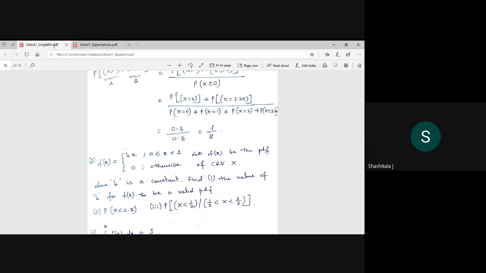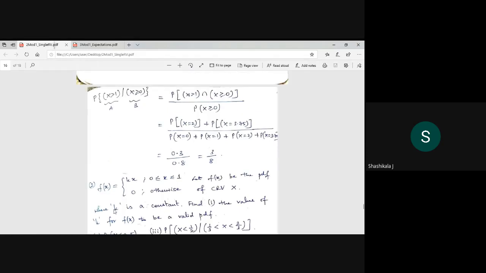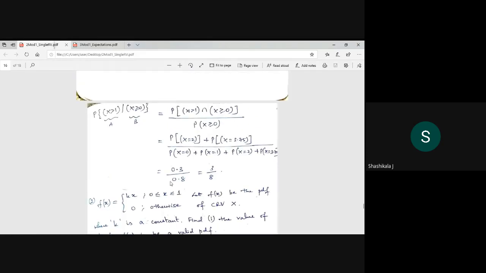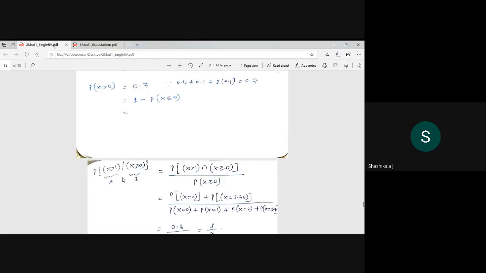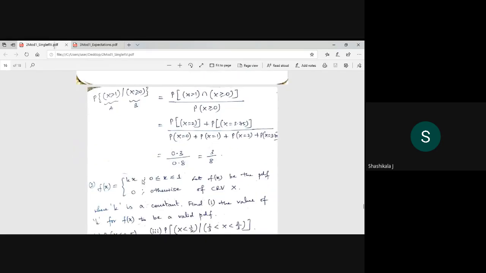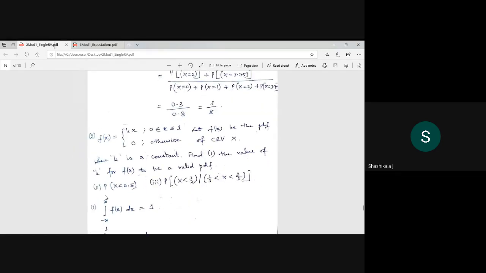For a continuous random variable, integration is used. Whenever you need to find that constant k, sigma is used for a discrete random variable, but always for a continuous random variable, instead of sigma, integration is used. Throughout engineering it is the same case: whenever it is continuous, it is an integration, and whenever it is discrete, it is a summation.